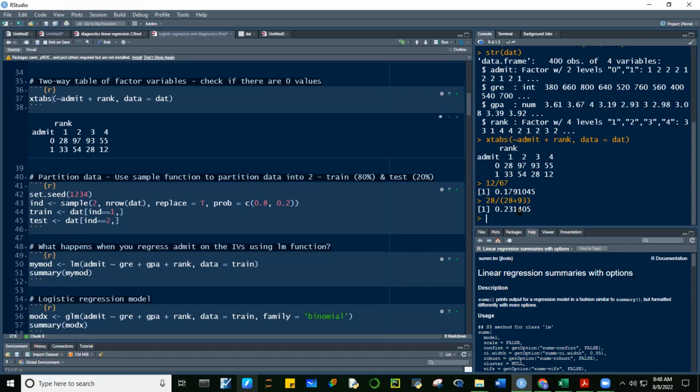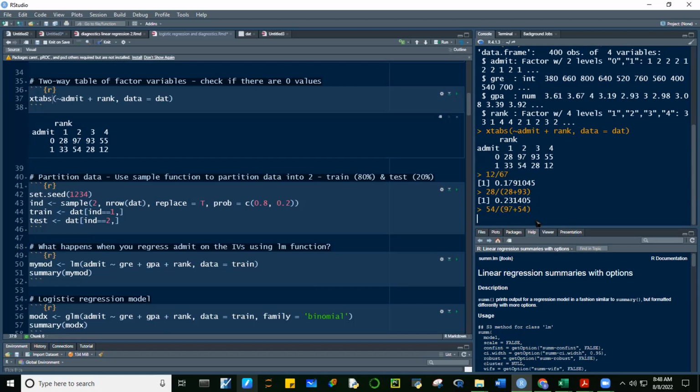Only 23% are accepted. So the lower the rank, at about rank 2, it's 54 divided by 97 plus 54. I'm just getting the percentage of those that were accepted.